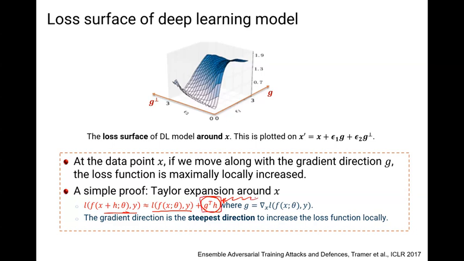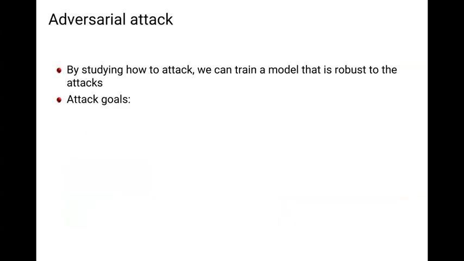The first term is the most important one because it is heavier in value, and you can see the first term involves the gradient. That means a slight change can be roughly approximated by a component that corresponds to the gradient. This also tells you the gradient is the most important term that contributes to the deviation of the loss. Okay, so it's just a small proof of why gradient is so important.